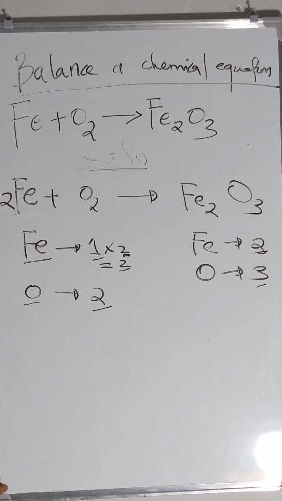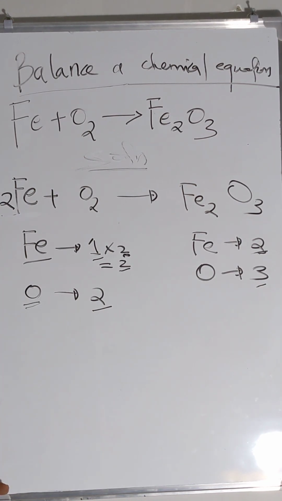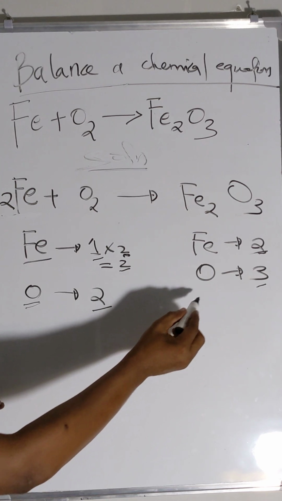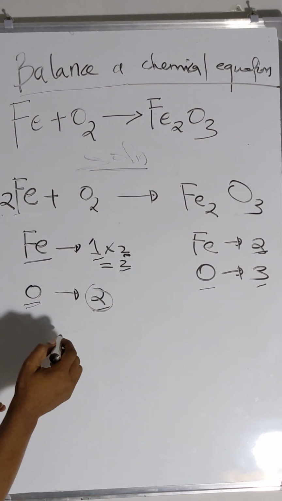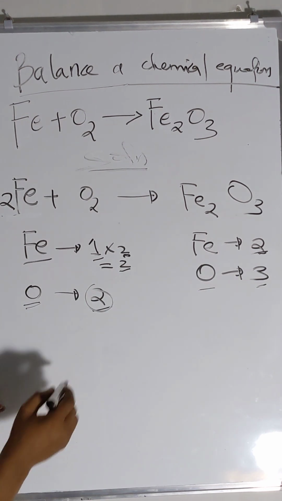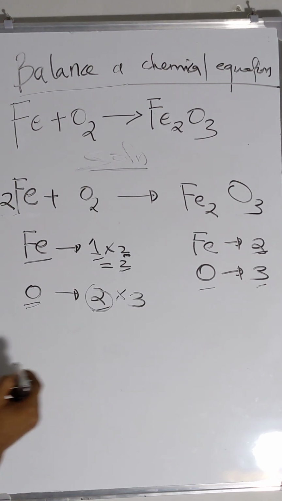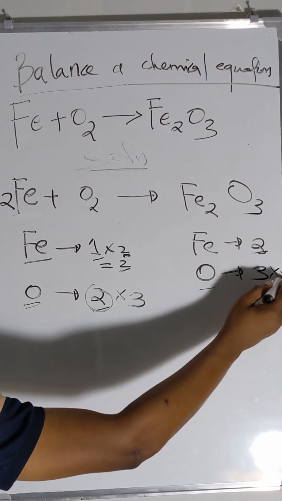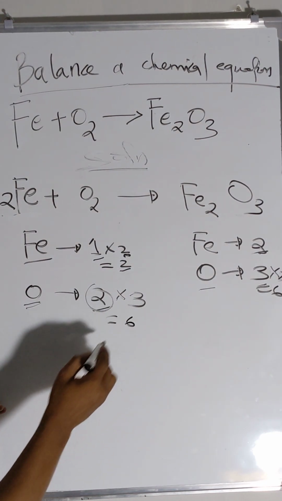We say in order to have the equal number of atoms on the left side for oxygen, which must be equal to the same number of oxygen on the right side, but we have 2, and this one we have 3. Therefore, if we multiply it by 3, we get 6, and this one, if we multiply it by 2, we get 6. Okay? So, this also gives us 6.